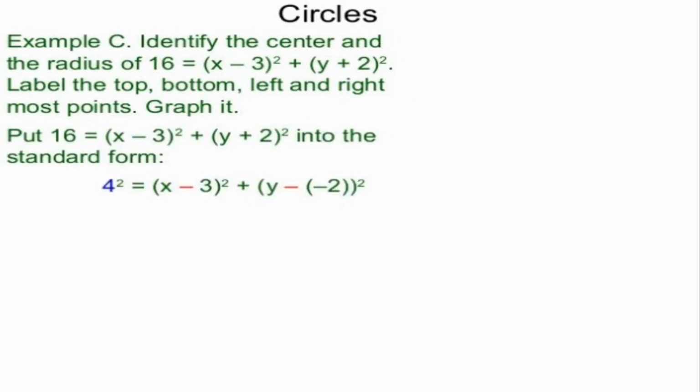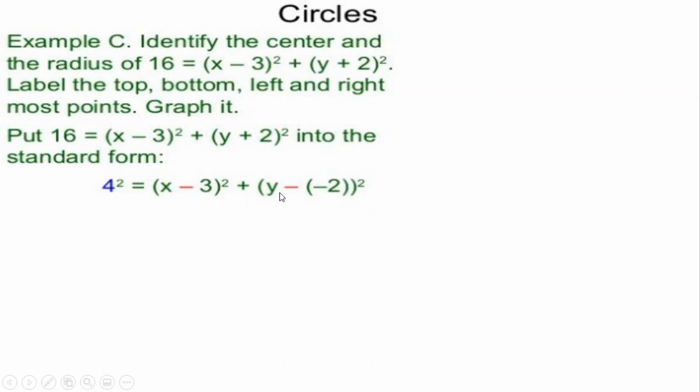Here's the process. 4 squared is equal to x minus 3 squared plus, remember when we use the standard form, the symbol must be negative, a negative or minus sign.